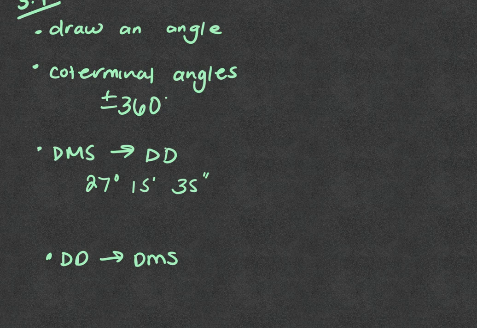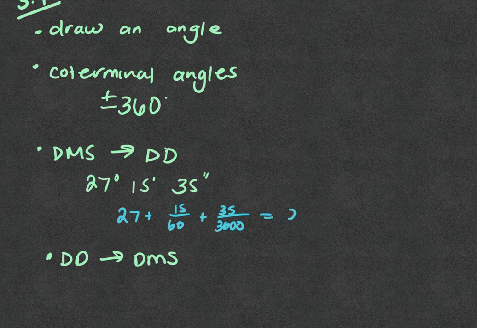Let's say you forget your graphing utility on Monday and you have to borrow a friend's scientific and it doesn't have that shortcut. You take the 27 and then you do 15 over 60 because those are minutes and that's how many minutes are in an hour. And then you do 35 over 3,600 because those are seconds and that's how many seconds are in the hour. So whether or not your calculator has that shortcut, you should be able to find it.